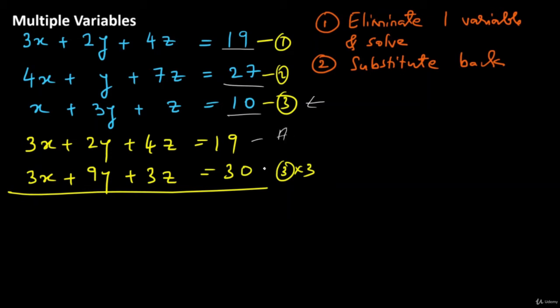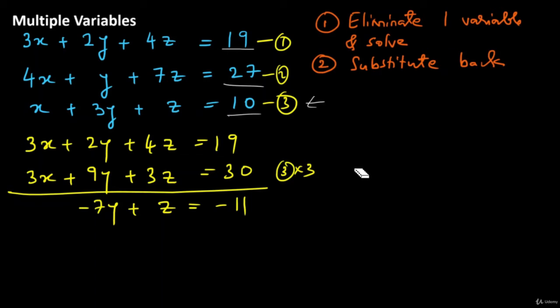If this is a, this is b. We are doing a minus b. So that gives you 3x minus 3x, which is equal to 0. So we have successfully eliminated x. Now over here we have 2y minus 9y, which is minus 7y, and 4z minus 3z is z, is equal to 19 minus 30, which is equal to minus 11. Alright, let's proceed.